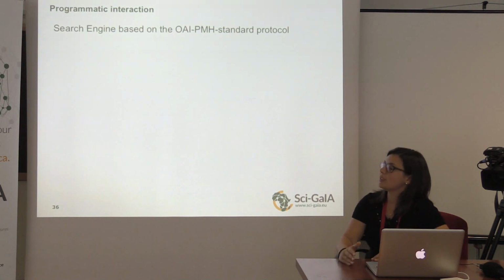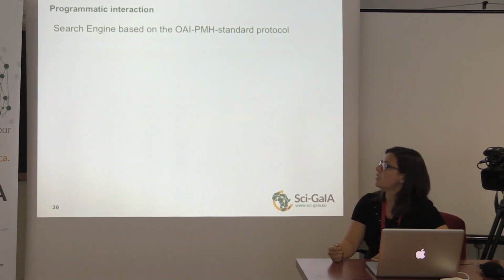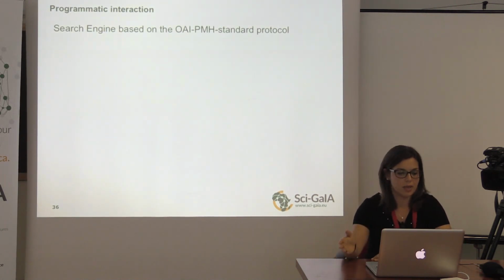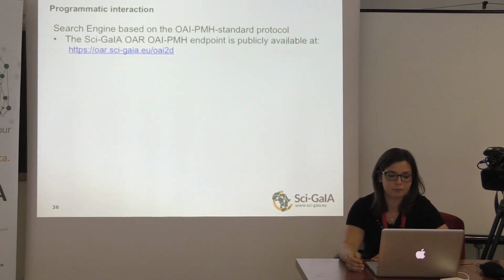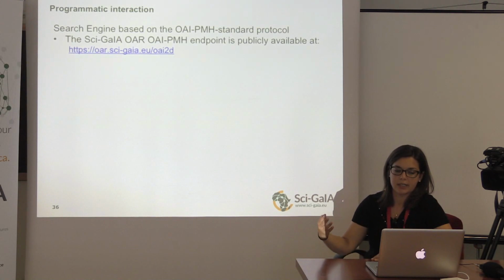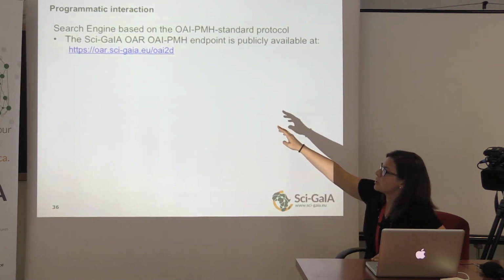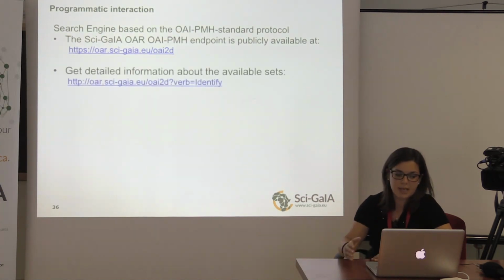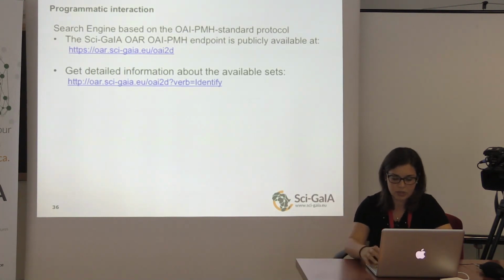Another way to interact with the Sci-GaIA repository is using the search engine based on the OAI-PMH standard protocol. The Sci-GaIA endpoint is publicly available. You can use this endpoint to get, for example, detailed information about an available set of the repository.